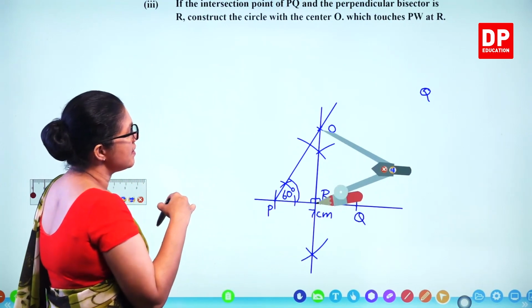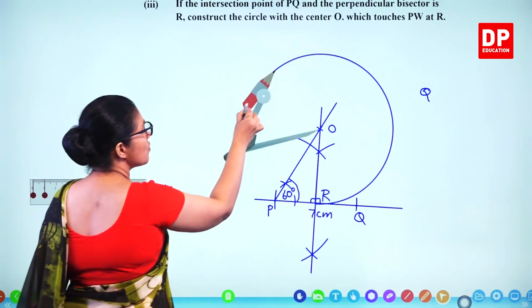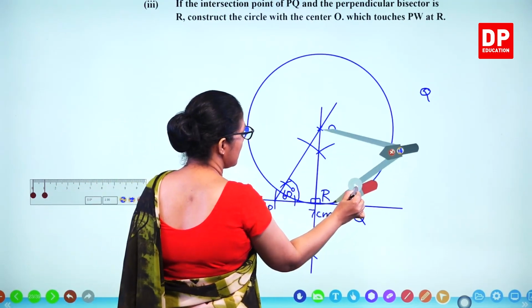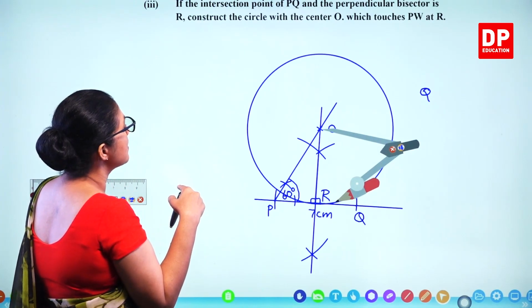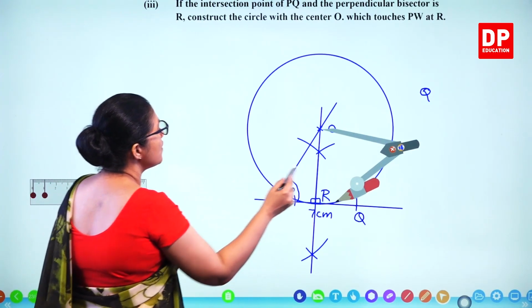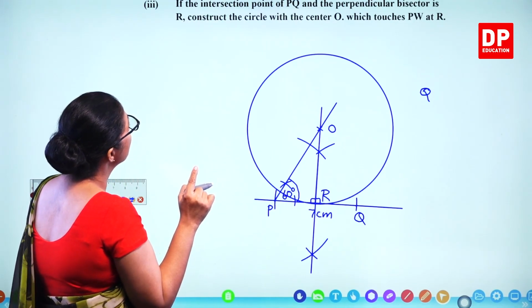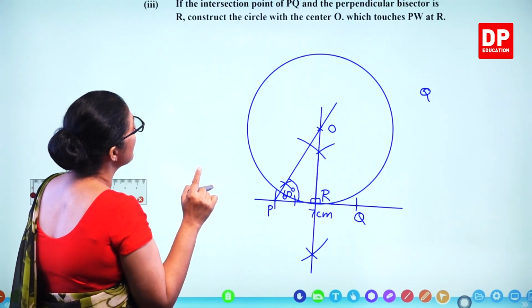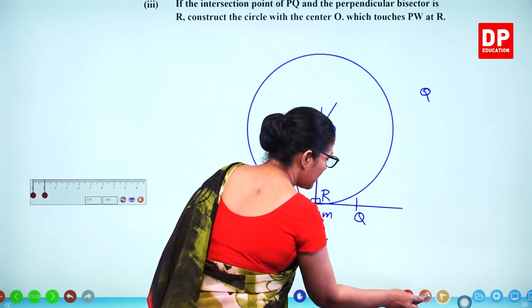So you have to draw the circle. So it touches PQ at R and O is the center. So this is the circle. And here, I'll delete this one.